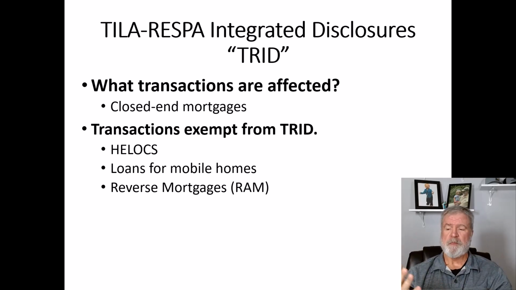It's just gone. But if it's an open-end mortgage, you can actually make your payments or pay off everything you owe and then pull it right back out and use the money again, right? That's what they call it. It's an open line of credit, the HELOC, if you will. So open-end mortgages are not affected, but closed-end mortgages are.